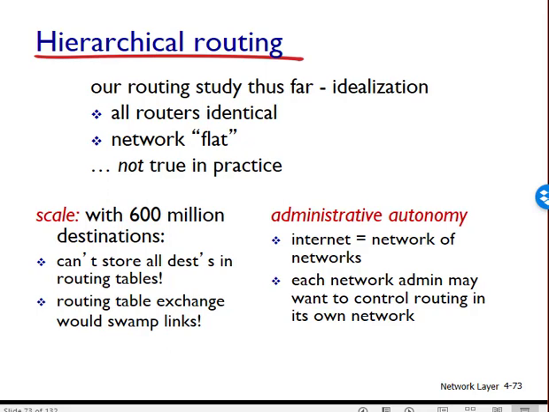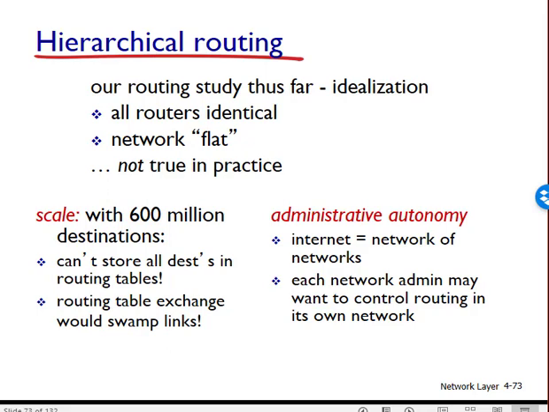The overhead required to broadcast link state updates among all routers in the public Internet would be too much of a load on bandwidth. A distance vector algorithm that iterated among such a large number of routers would never converge. Clearly, something must be done to reduce the complexity of route computation in networks as large as the public Internet.